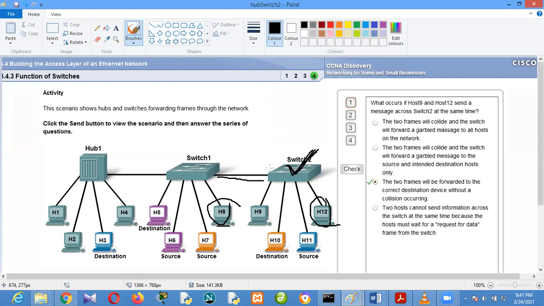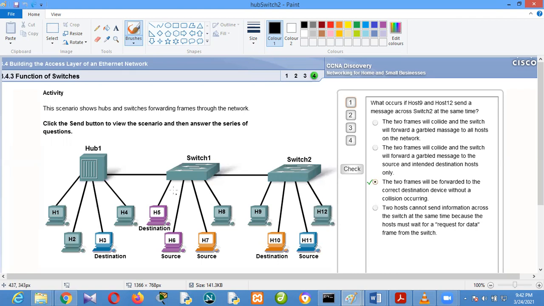It will just respond that H12 is so and so. It will not ask again. It will not ask these people. Because even if it asks, if it doesn't have knowledge about H12, it will not ask. When anyone responds, it will now give. But since it already knows who H12 is, it's not going to ask anybody. It will just respond that H12 is so and so. You understand?